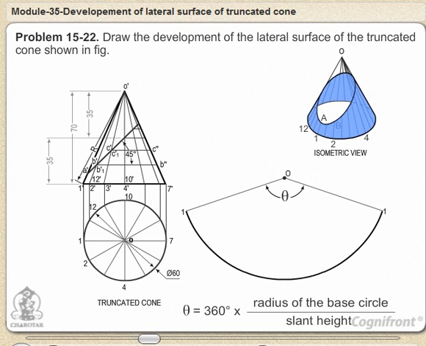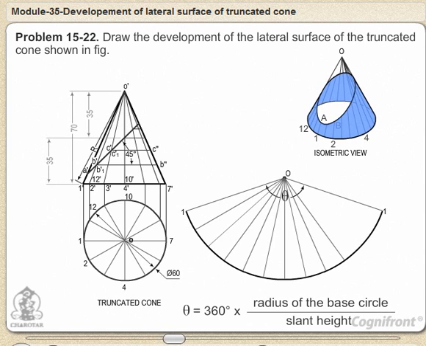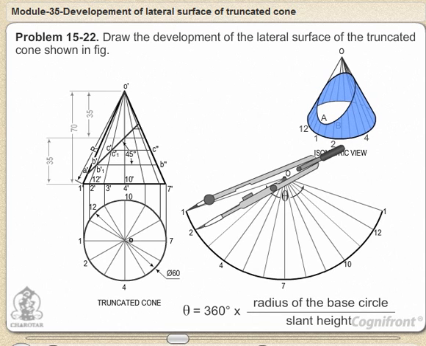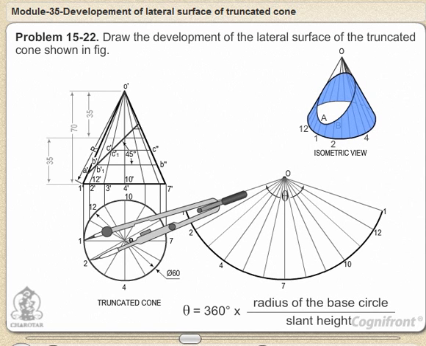upon slant height. Cut off the arc so that it subtends the angle theta at the center and divide it into 12 equal parts. Step off with a bow divider 12 equal divisions on the arc, each equal to one of the divisions of the base circle.